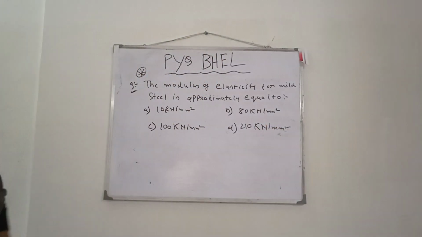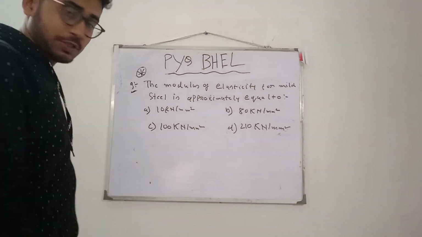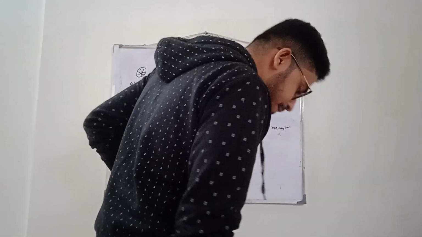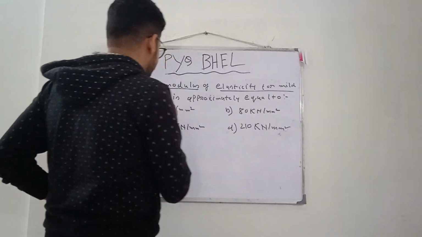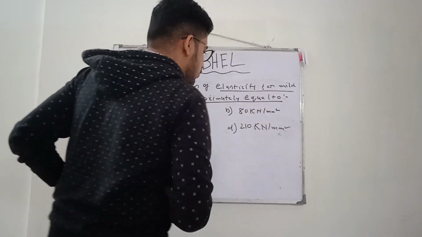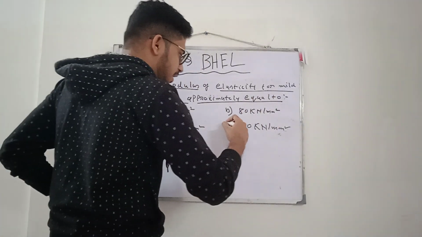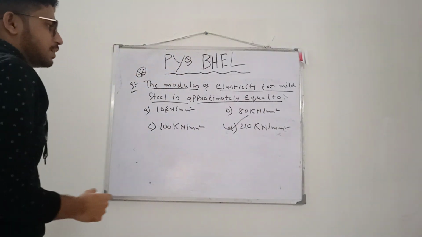Note it down. I hope you guys noted it. The modulus of elasticity for mild steel is approximately equal to 210 kilonewton per mm square.